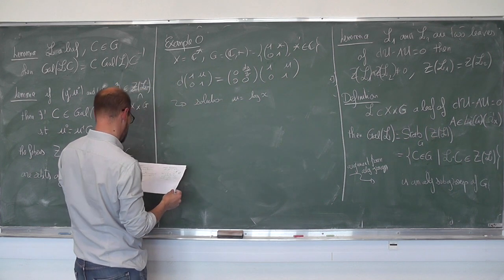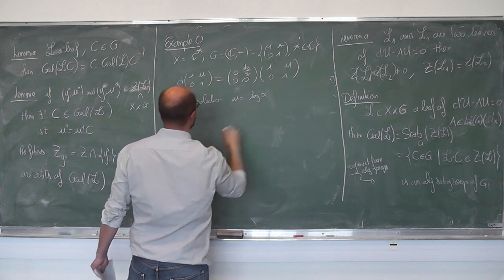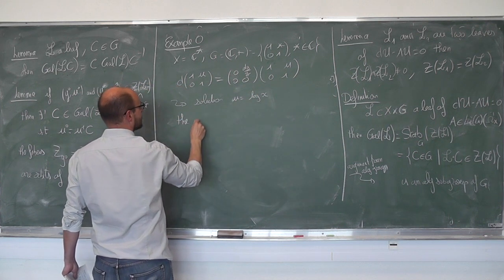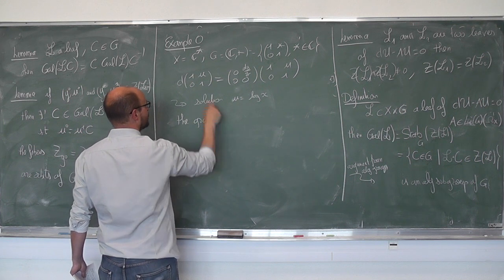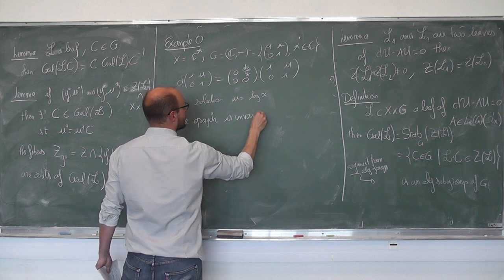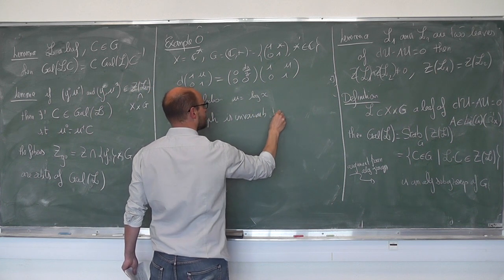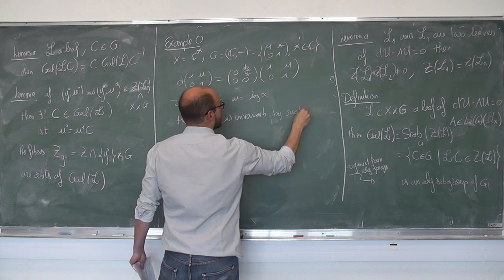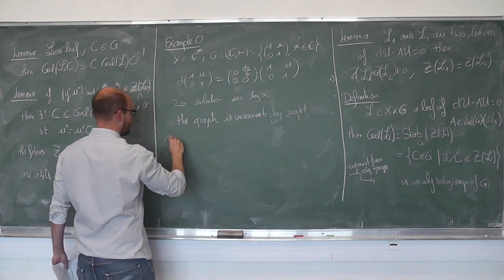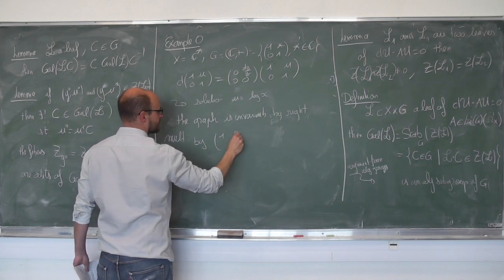Then you can see that the graph of this solution, it's in here, is invariant by right multiplication by this kind of matrix.